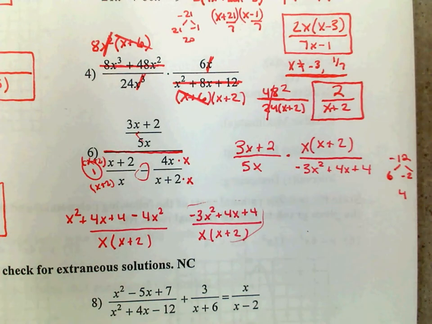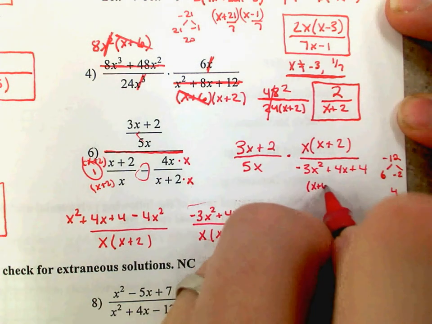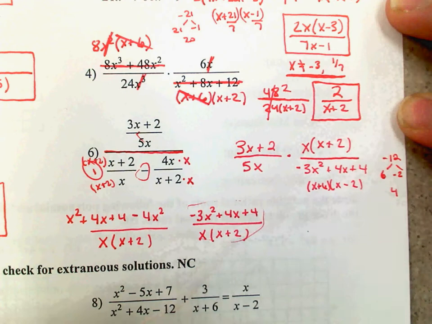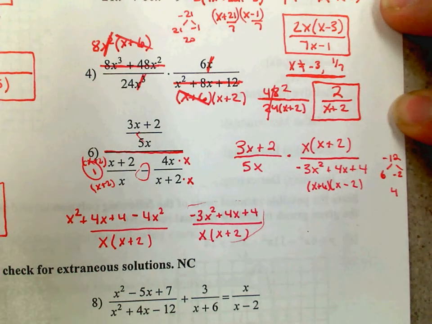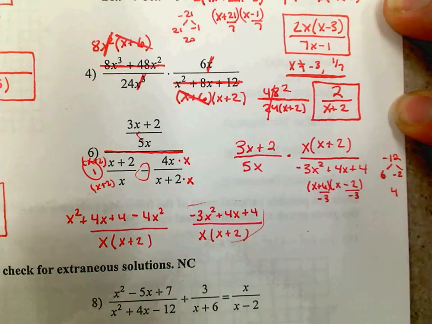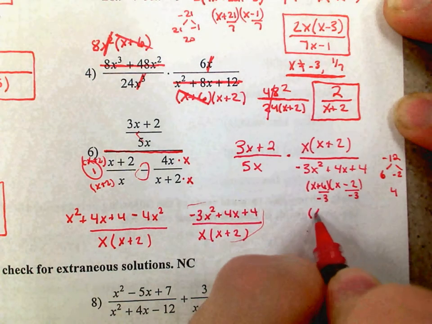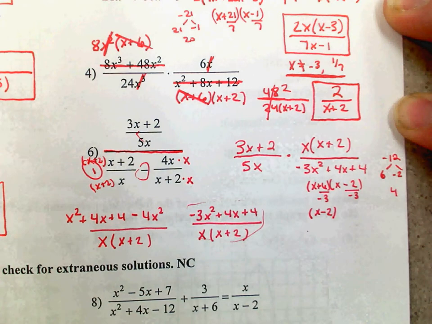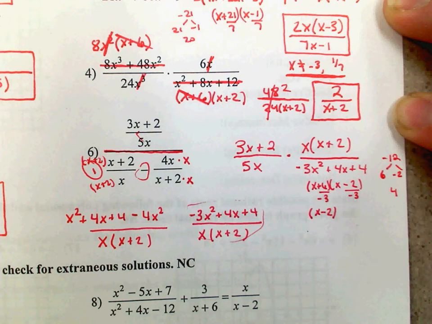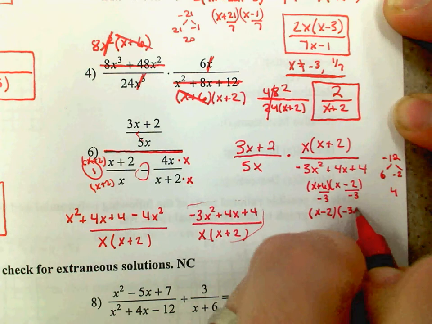Now that means that I've got x plus 6 and x minus 2. But because there's a number in front of x squared, we need to do the bottoms up method. So I need to divide them both by negative 3. That's going to make this first one x minus 2. And that's going to make the second one negative 3x minus 2.